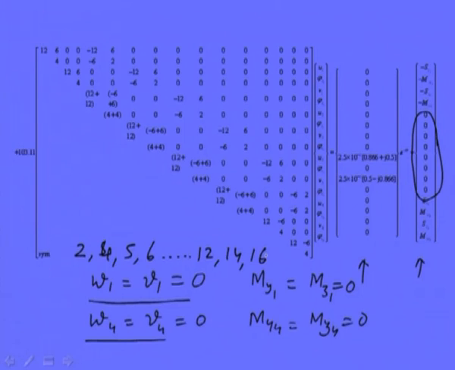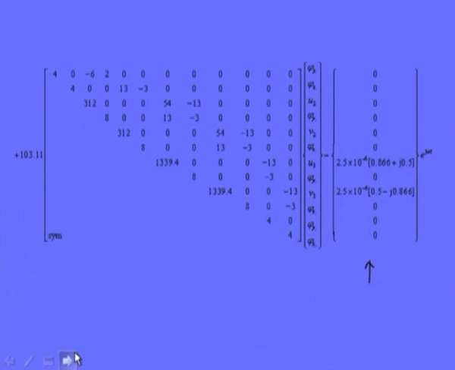be eliminated, because this particular stiffness matrix has a 16 into 16 size and we are eliminating 4. So, there will be a total 12 into 12 matrix of the mass and stiffness that will remain and others will be eliminated. I am just showing one of them, the stiffness matrix.